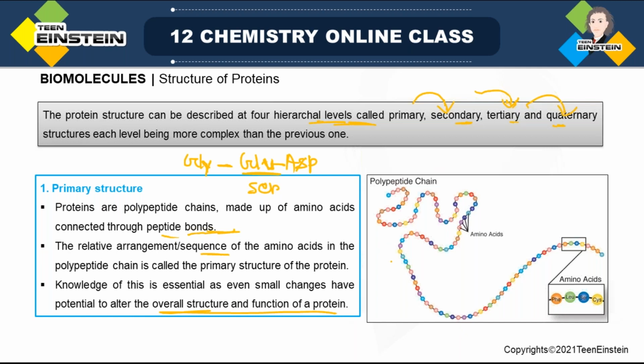You can also consider it as a protein, and each small dot, if you enlarge, suppose it is phenylalanine, then leucine, serine, cysteine. In this small part, if you change any one of these, obviously there will be an effect. Fine. So this is the primary structure, the most basic, most simple structure.